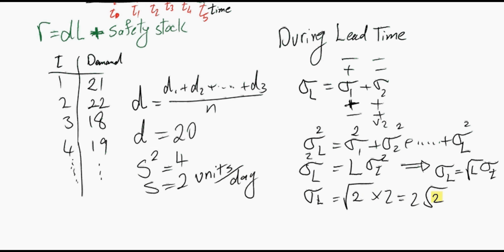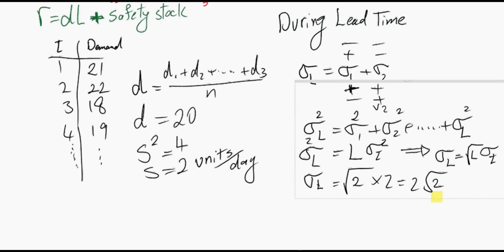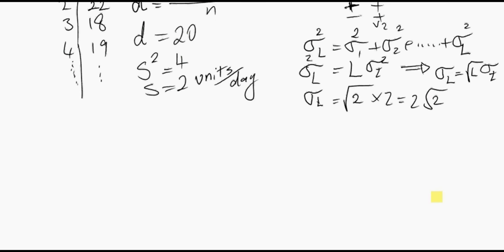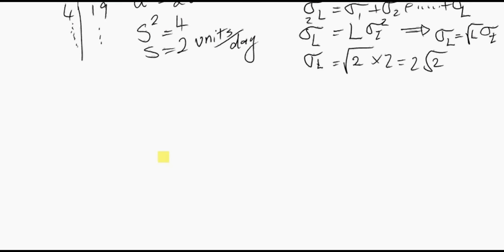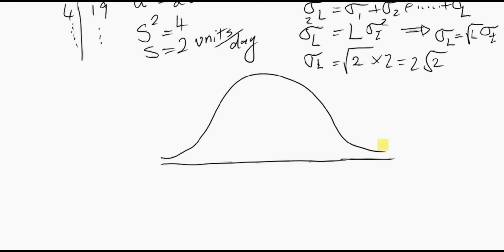Now you may say, why do we need this? We need this because now if you think of the possibilities that we will have cost of lost opportunity or stock outs, the most expected demand during the lead time would be the expected value, or the mean demand during the lead time, DL, of course.